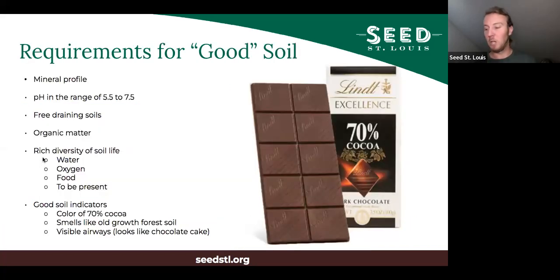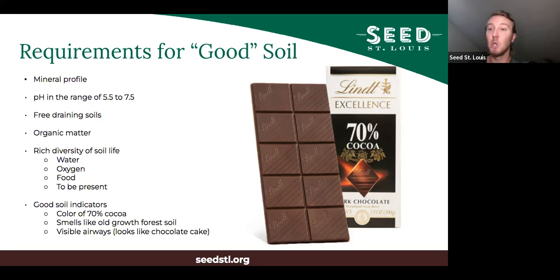So what all this means is what you're really looking for in a good soil. If you want to know, is my soil good or do I need to improve it somehow, there are a couple of things you're going to look at. One is the mineral profile. There are some soils that are very deficient in certain things, so doing a soil test doesn't hurt. If you're really low in everything, it could mean you don't have that mineral, or it could just mean you don't have the microorganisms to make that mineral available.